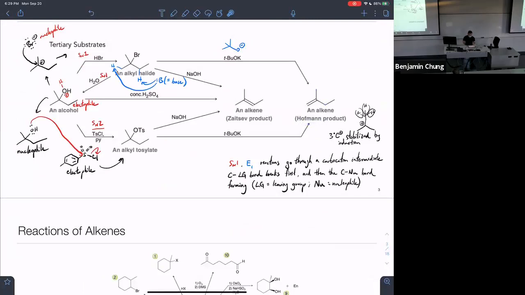And conversely, if you have a not so sterically hindered base, this is just OH minus, hydroxide. We don't have any alkyl groups kind of blocking the way. So this can more readily deprotonate at this position here to give you the Zaitsev product, which is the more substituted alkene. So we have 1, 2, 3 substituents on this alkene.